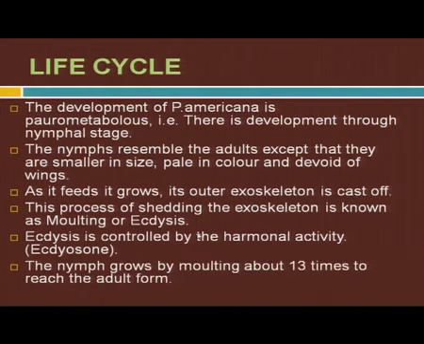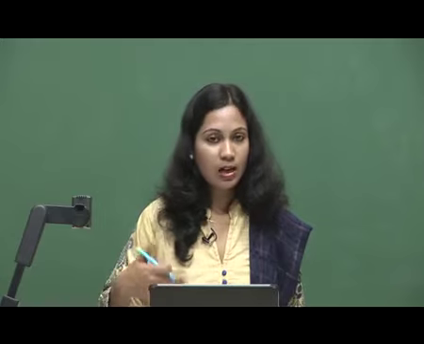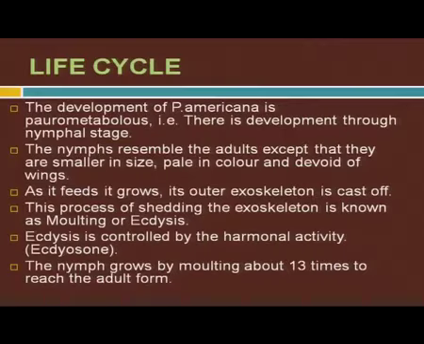This process of molting occurs about 13 times to reach the adult form. At the end of each molting, they will shed the exoskeleton, increase in size, and then acquire a new exoskeleton. This occurs about 13 times, usually, in Periplaneta americana.